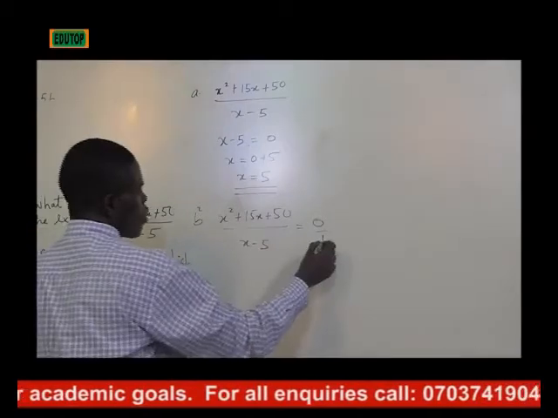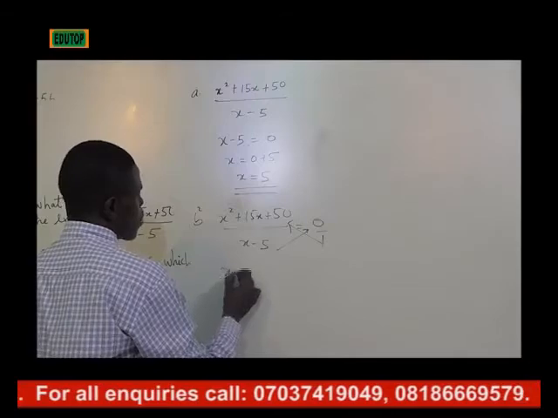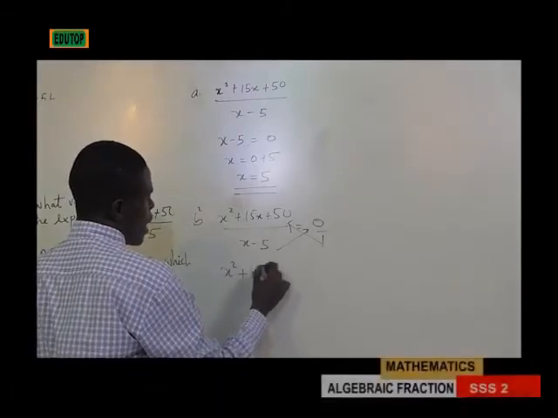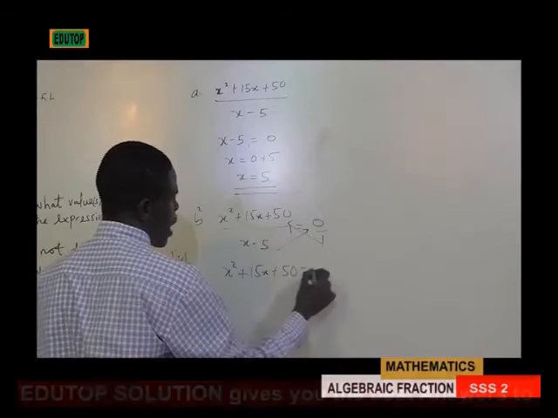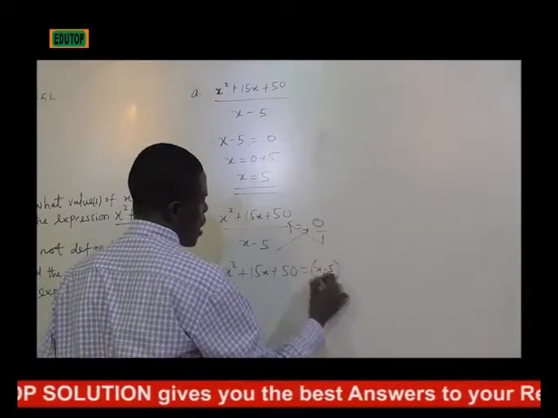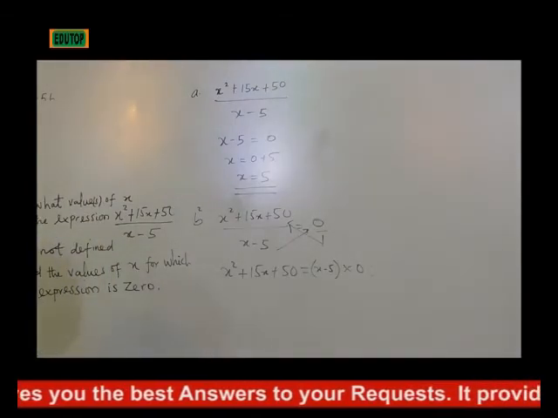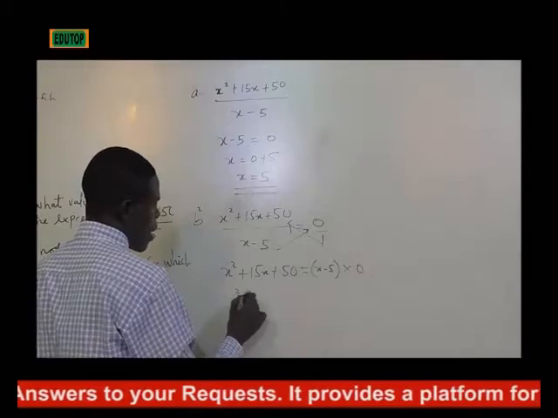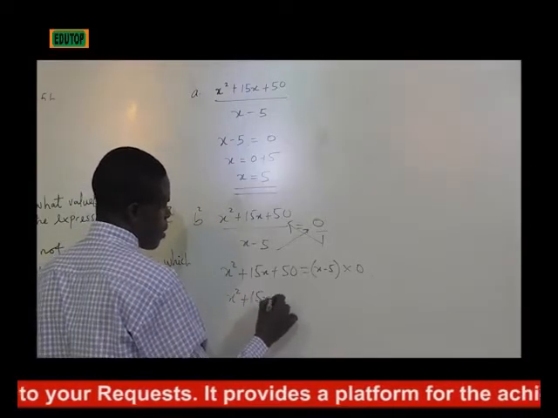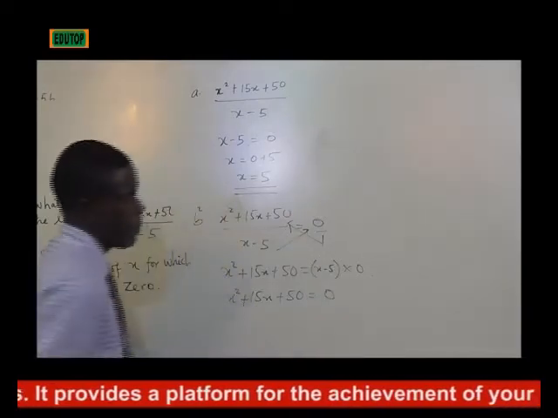So when you cross multiply this, this one becomes x squared plus 15x plus 50. That will now give x minus 5, everything multiplied by 0. So x minus 5 vanishes. So you have x squared plus 15x plus 50 then becomes 0.